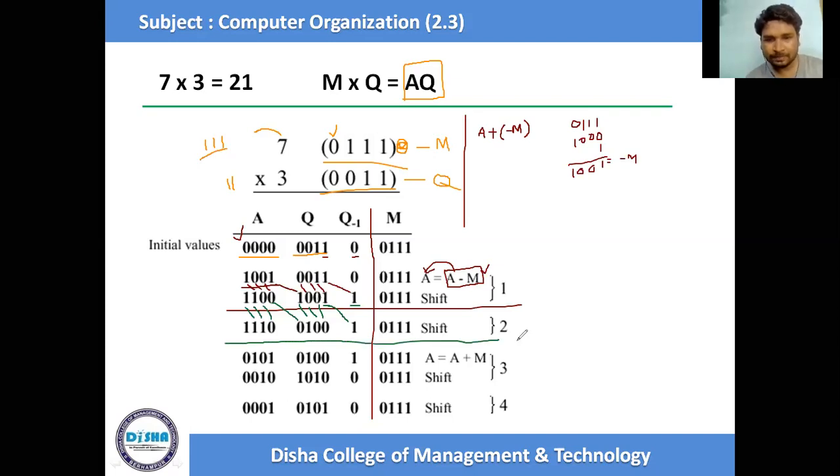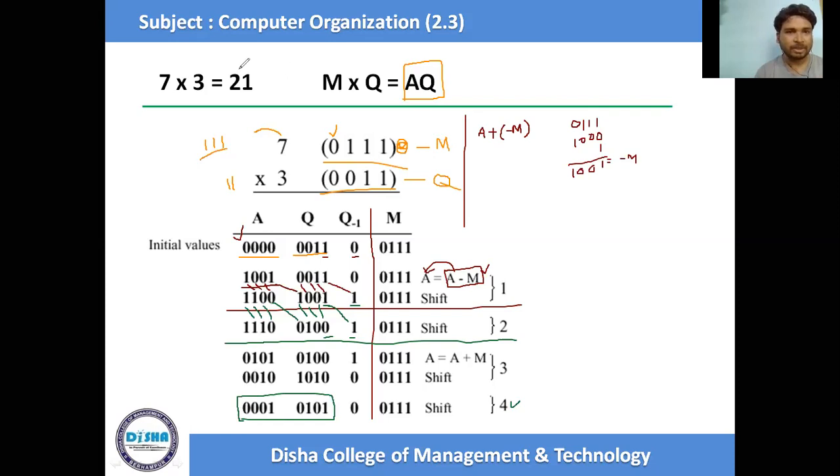When the shifting operation is completed, then our step is over. After the completion of the step, we again check the values. It will repeat up to the 4th stage or 4 steps, because it is a 4-bit binary number. Okay, after those 4 steps, we'll get this result completely.